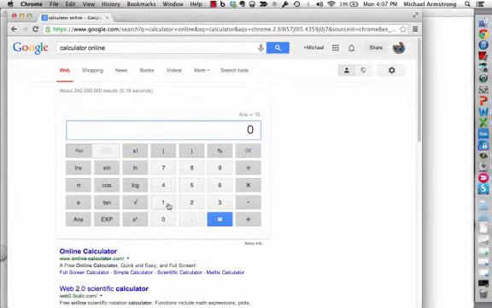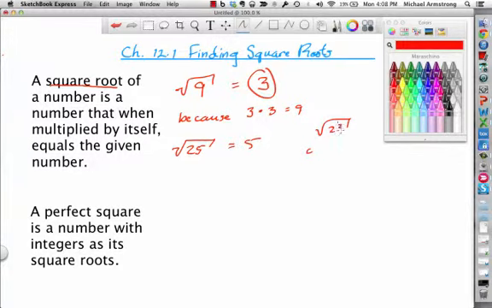But if you just pick a random number like 23, I should put the square root in first. The square root of 23 is 4.795. See, 4 times 4 is 16. 5 times 5 is 25. So it's somewhere in between. I can show you that real quick. Let's say square root of 23.